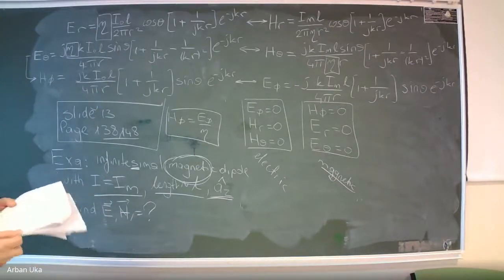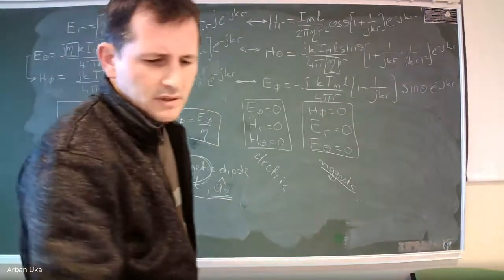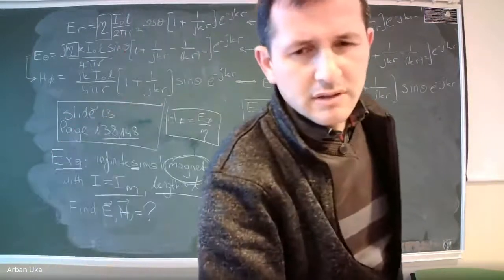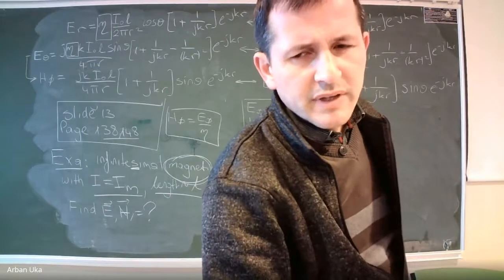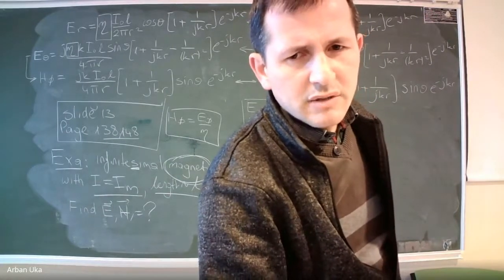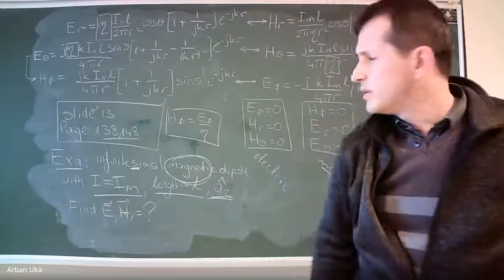Now, when we solved this problem for the antenna which has the electric dipole, we also calculated the directivity. And the directivity that we found, I'm going over the slides now, was equal to 3 divided by 2.